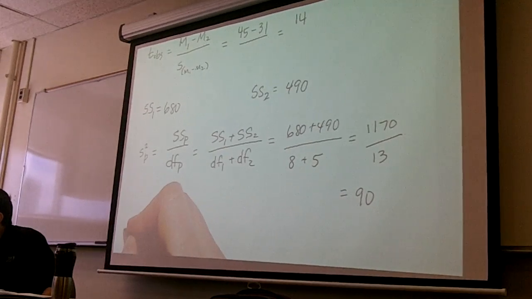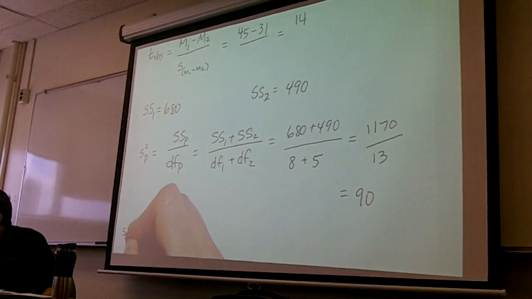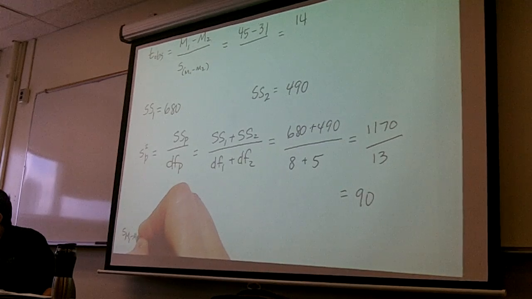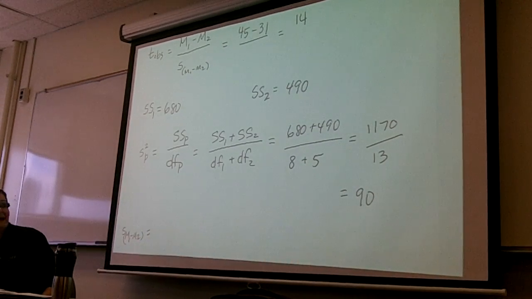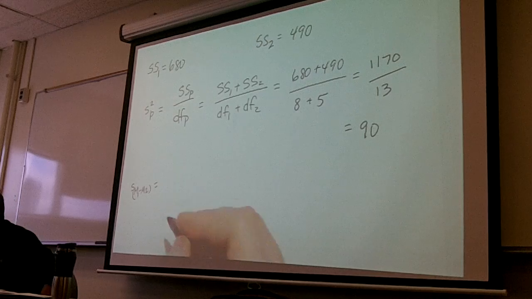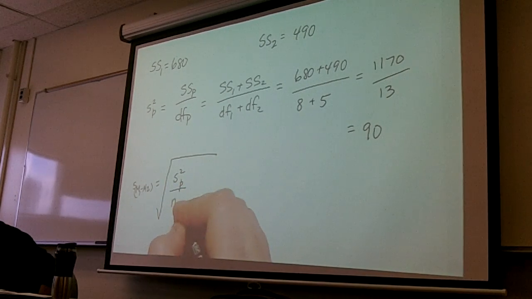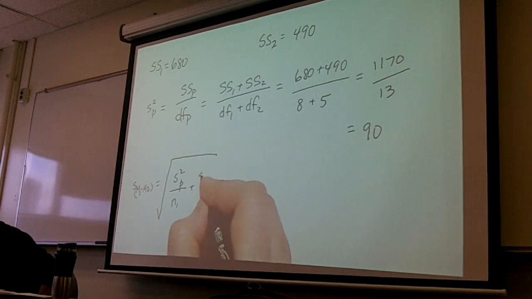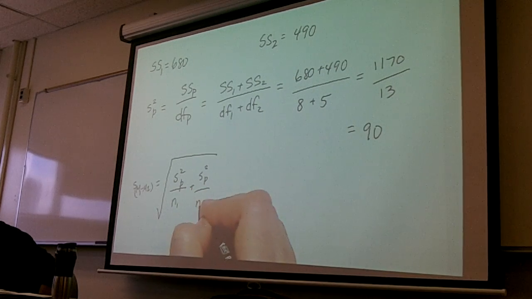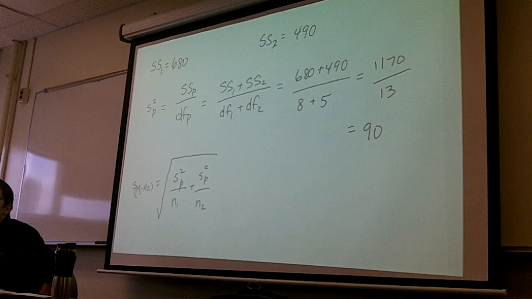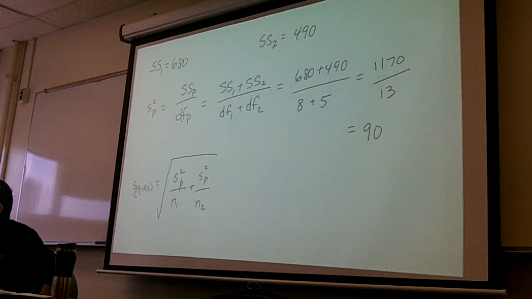So now I need to get my estimated standard error, and that's the big scary formula, right? The square root of S squared P over N sub 1 plus S squared P over N sub 2.